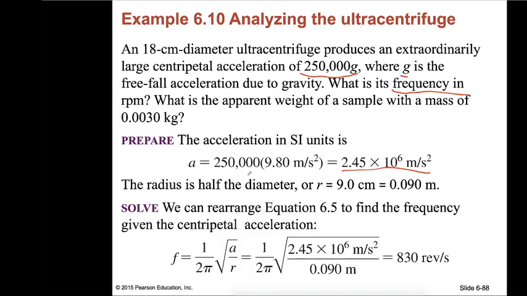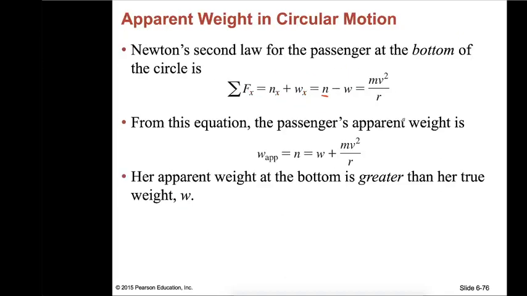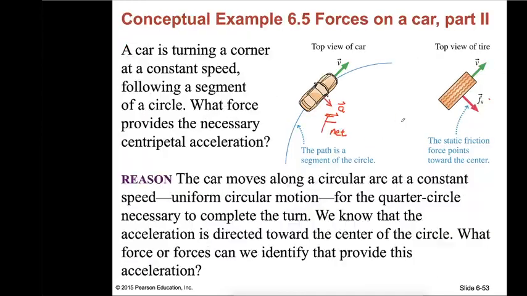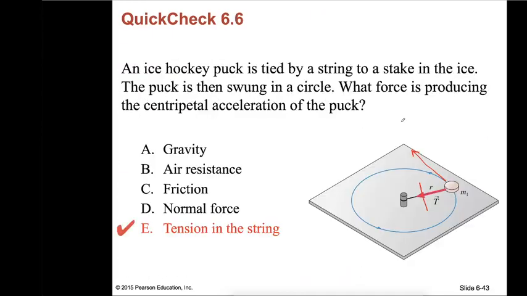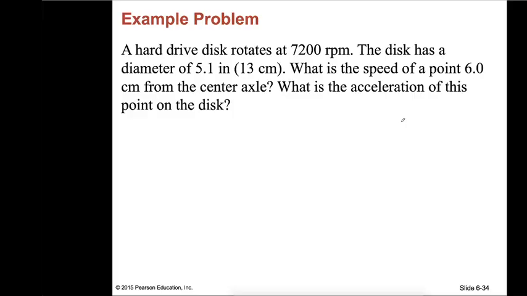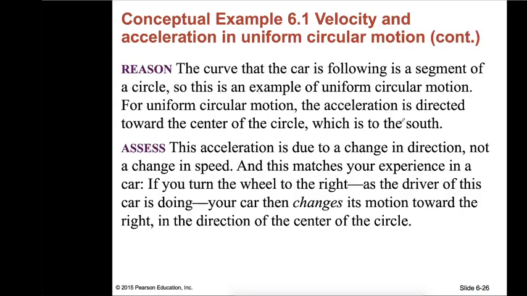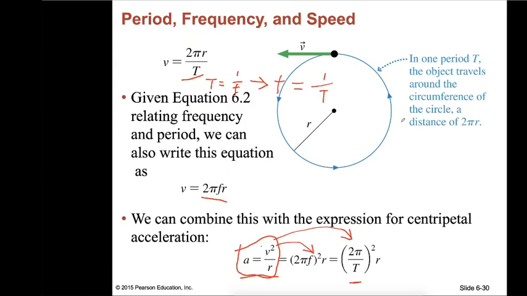We have learned, do you remember the equation of calculating acceleration here? Let's go back to the equation of the acceleration. So a equals 2 pi f squared times radius.